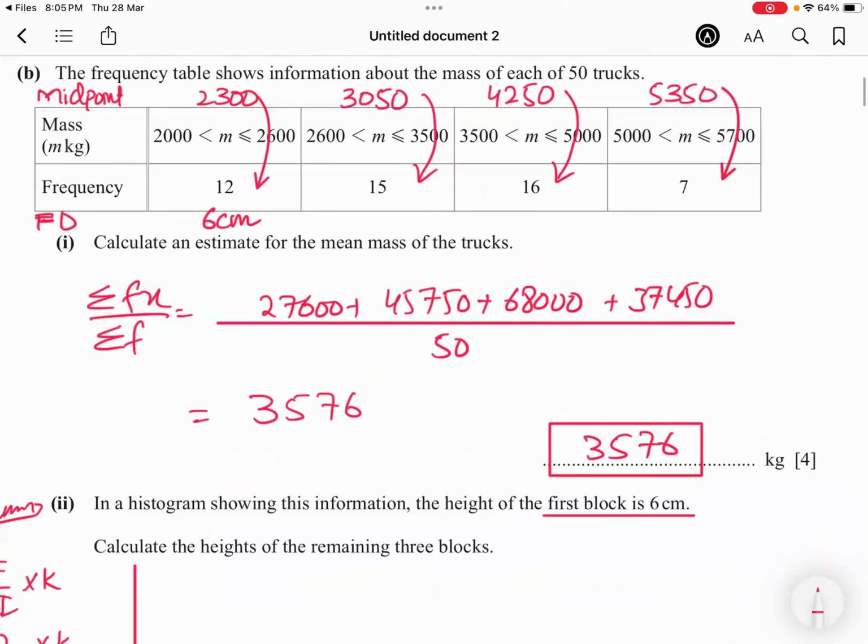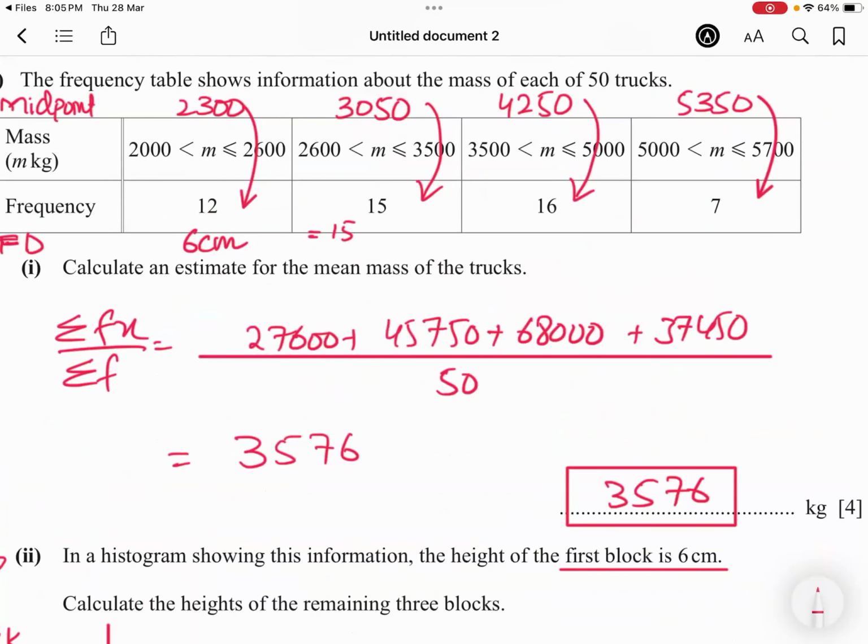So let me find out the FDs of all. Frequency divided by class interval, 3500 minus 2600 is 900, and the value of K is 300. So what is the answer? 5.